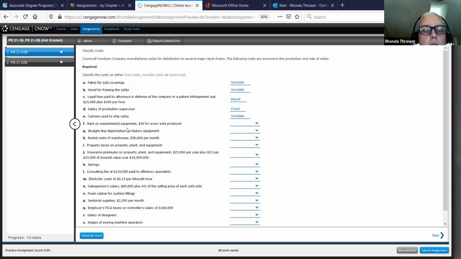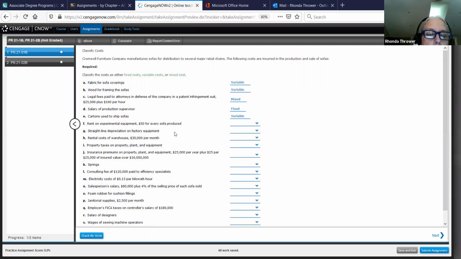The rent on experimental equipment is $50 for every sofa produced. Now, on this one, you could look at it in two different ways. The rent of $50 is a fixed cost. But if you were looking at this as depending on how many sofas we produce, it could be a variable cost.